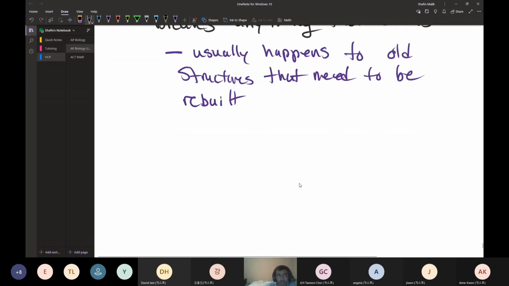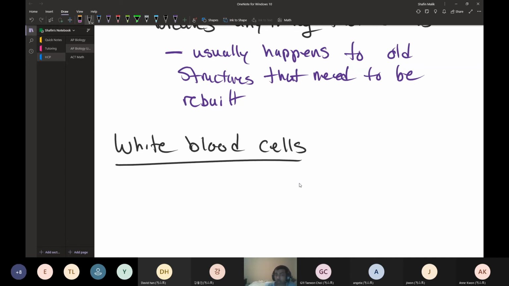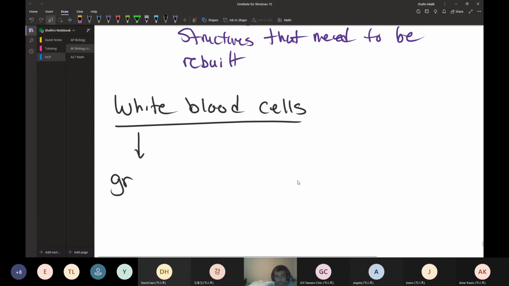They're a category of white blood cells, actually two categories, not just one. So not all white blood cells. What I'm talking about is two categories. One of them is granulocytes, and the other one is macrophages.